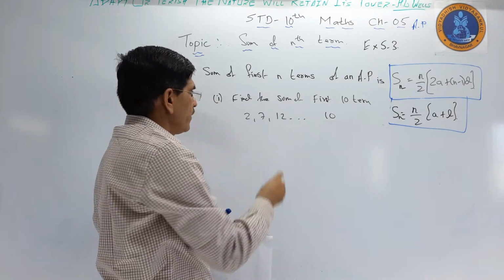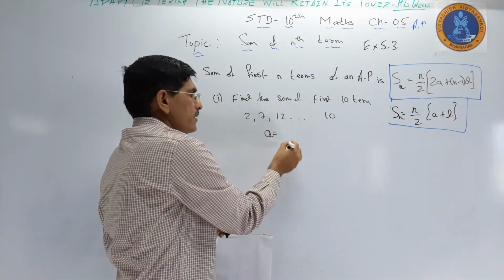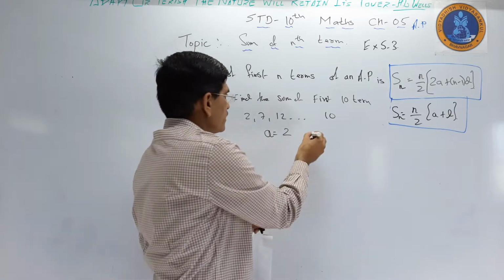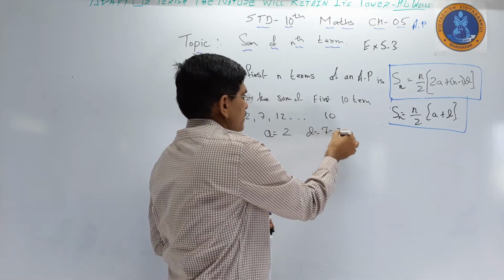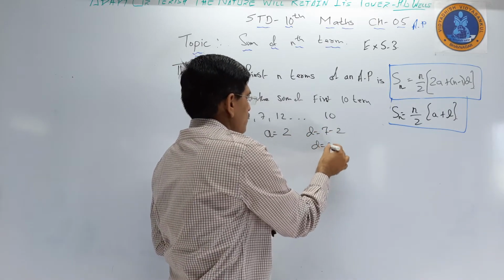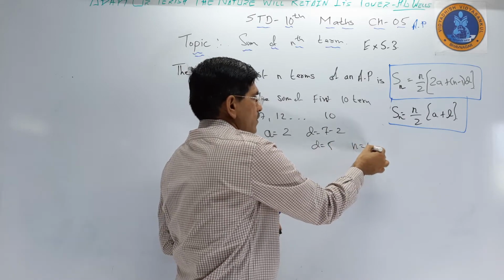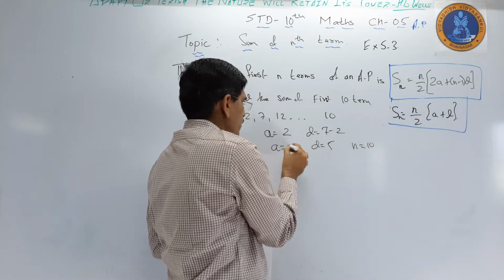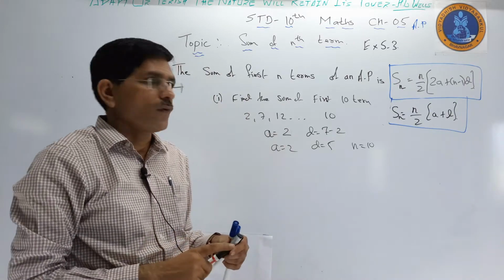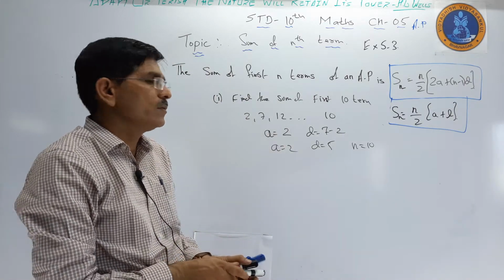So first of all I find out a, that is 2, and d, that is 7 minus 2, that is 5, and n is equal to 10. So a is equal to 2, d is equal to 5, and n is equal to 10.